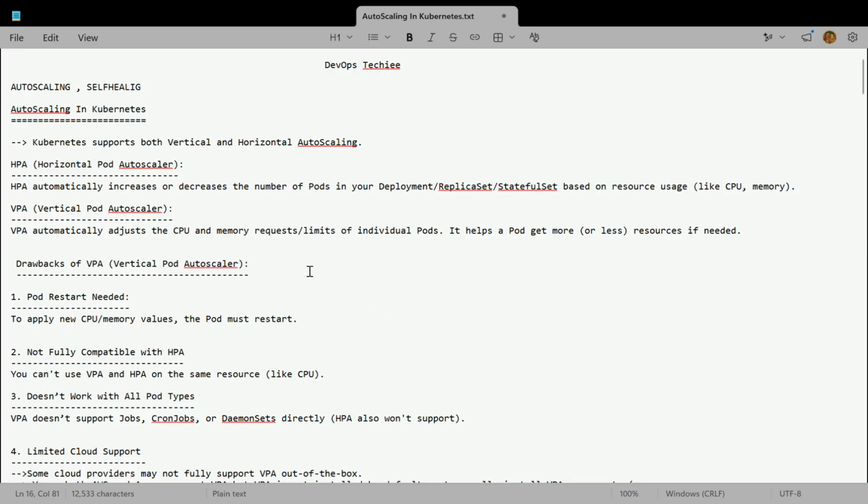So adjusting the CPU and memory requests of individual pods is the job of the vertical pod autoscaler. It helps a pod get more resources if needed. If one person in the team is highly loaded, we can share that work with the remaining team members, so the bulk on one individual person is reduced.